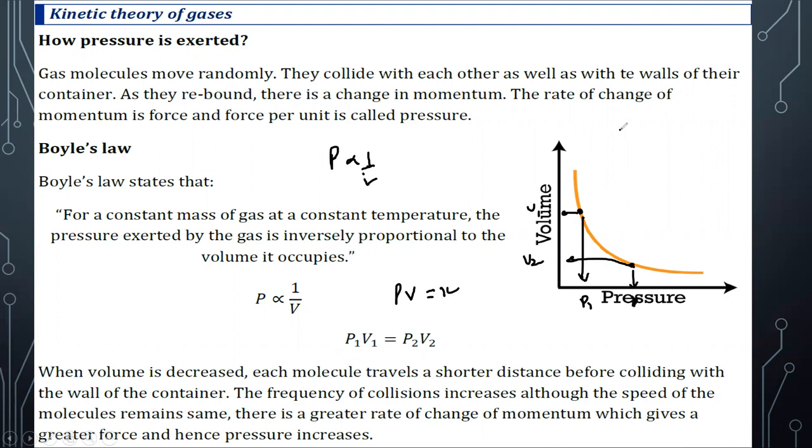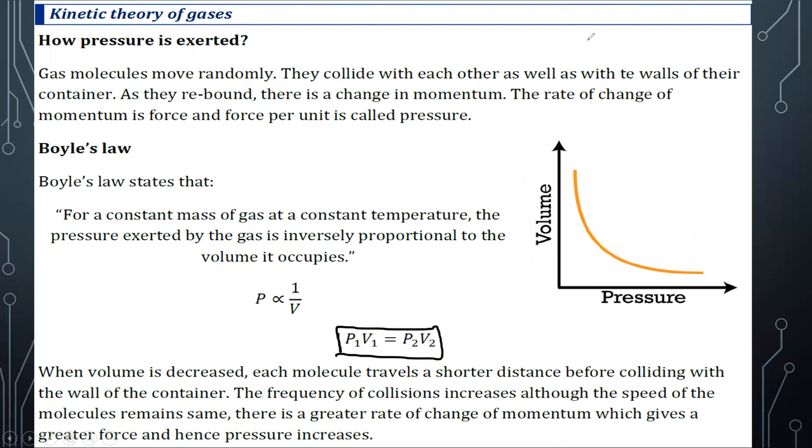The product of pressure and volume at point A will be the same as at point B, but the condition is that the number of molecules as well as the temperature should be constant. So P1 V1 equals P2 V2.